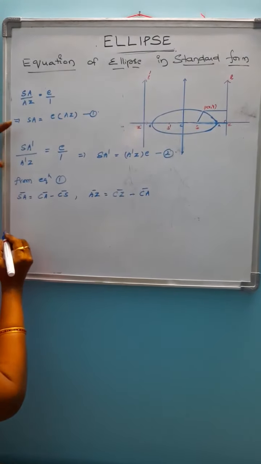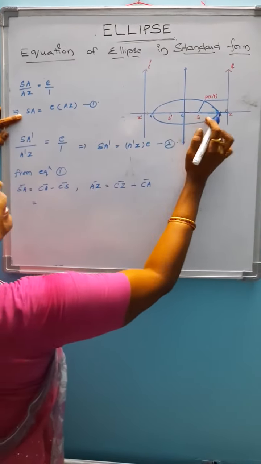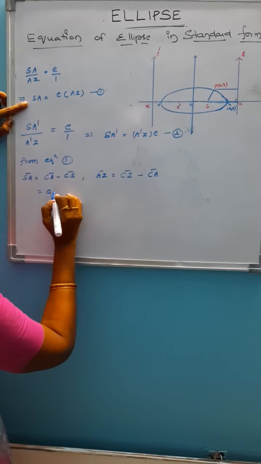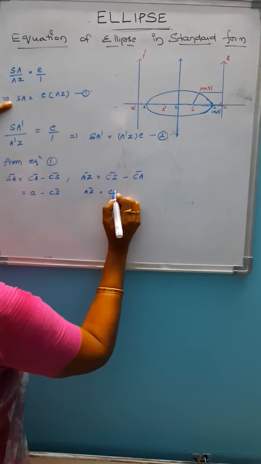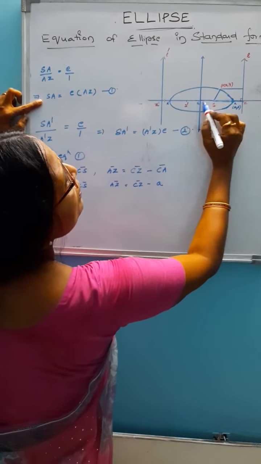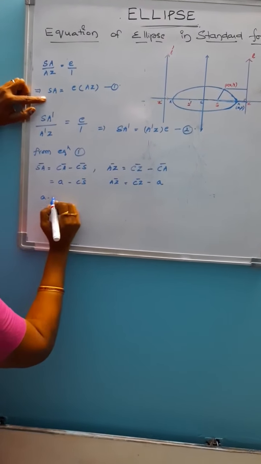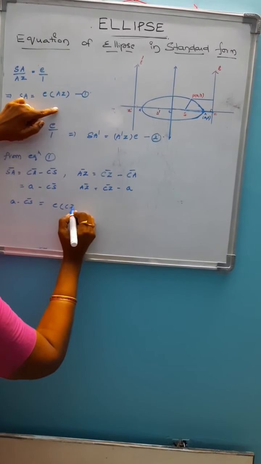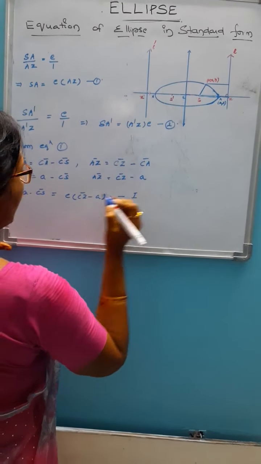Okay? So, from equation 1, SA is CA, that is A, minus CS, and AZ is equal to CZ minus CA, and CA means A. So, from equation 1, A minus CS is equal to E into CZ minus A. This is equation 1.